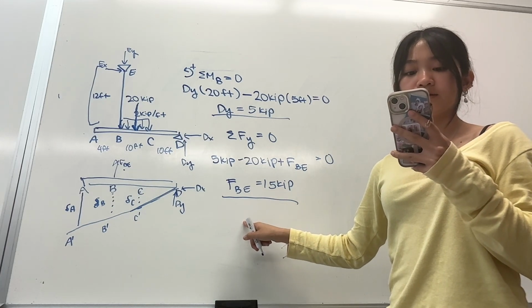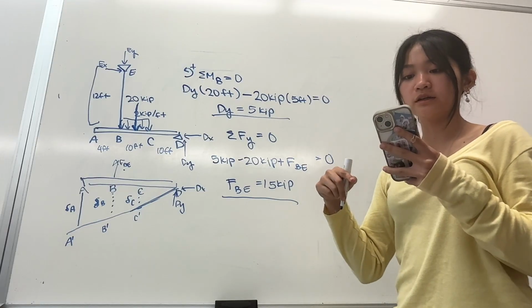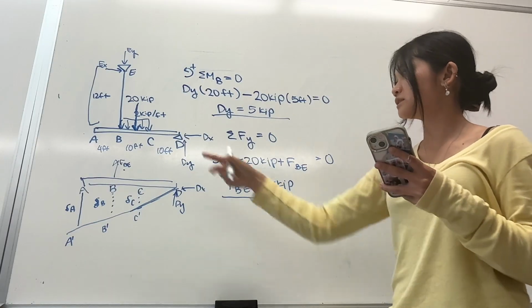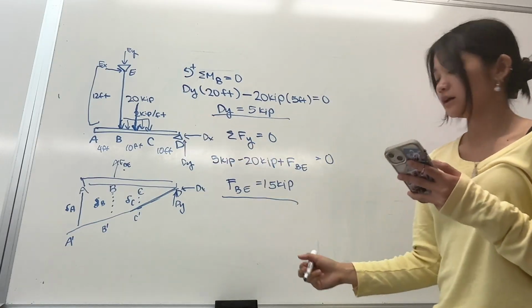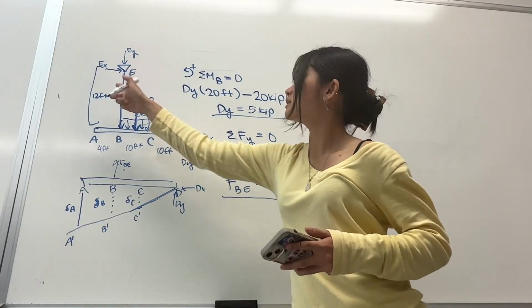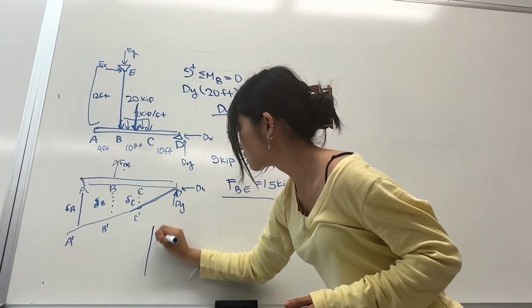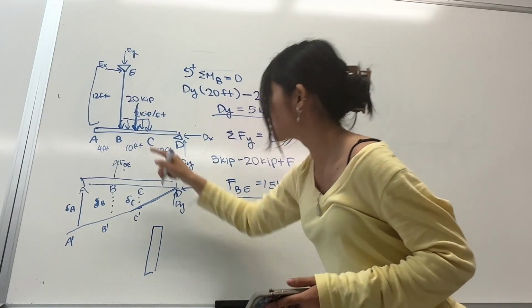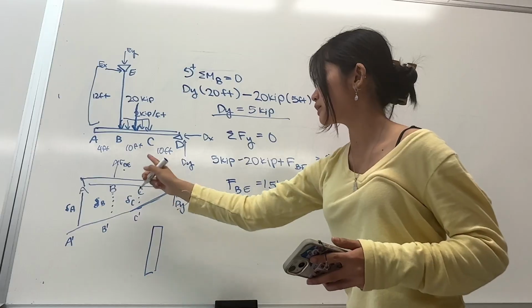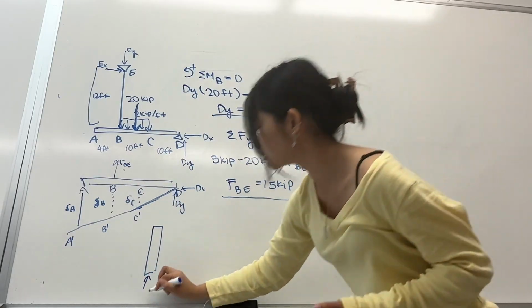And then from this, we can draw our normal forces inside cable BE. So if we made a cut right here in the middle, we can draw this right here. So we have our upward force, force BE that we just found. So that's 15 kip.